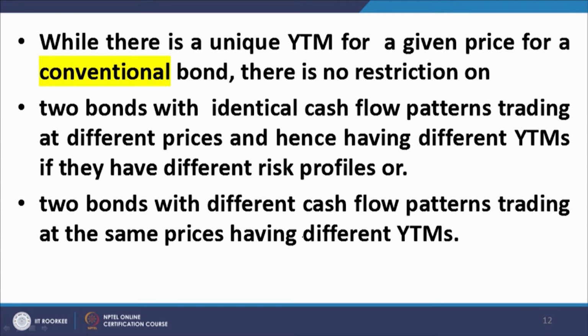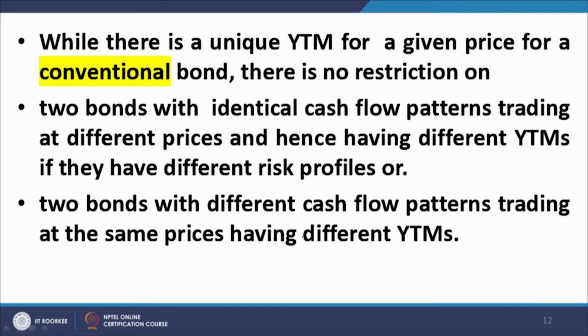Similarly, we can have two bonds with different cash flow patterns trading at the same price, and they may yield different YTMs as well. Let me read it out again: two bonds with different cash flow patterns can be trading at the same price. Of course, there is no restriction on that, and they will yield different YTMs, and therefore, they will have different risk profiles.